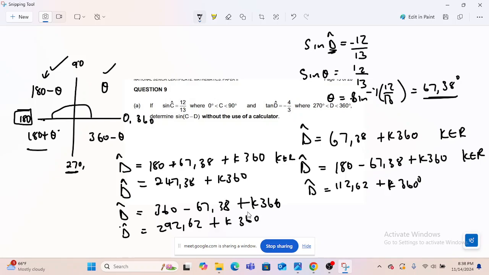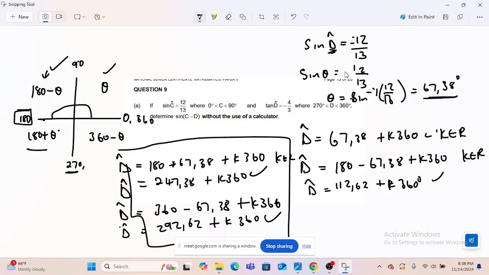So this is where, if my ratio for sine was negative, this is what I would do. If your ratio here was negative, that's what you're going to do. This is going to be your general solution. This is the correct one, by the way, but this one is applicable only when you have a negative ratio on sine.